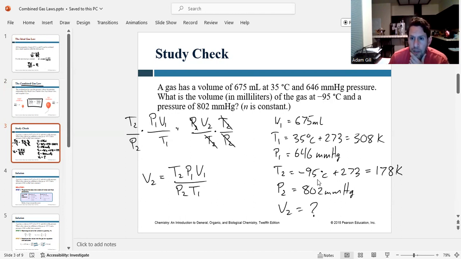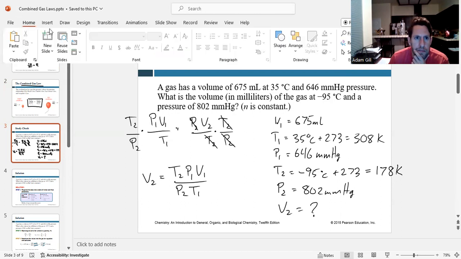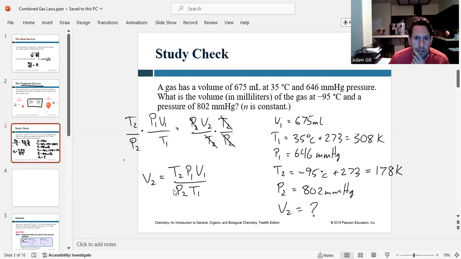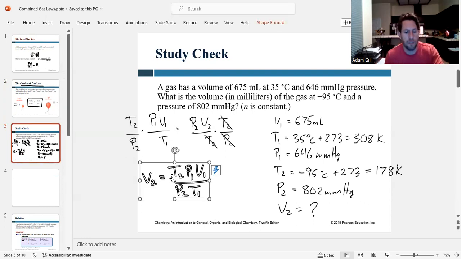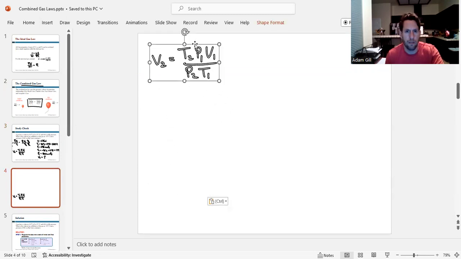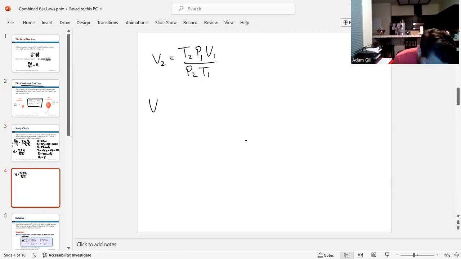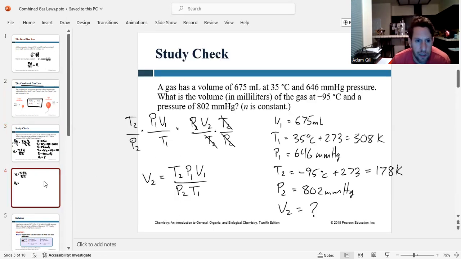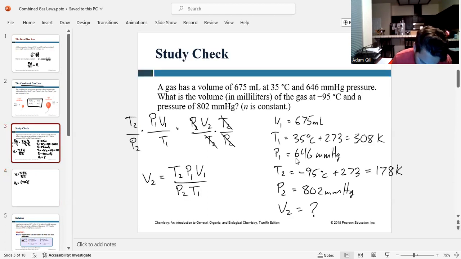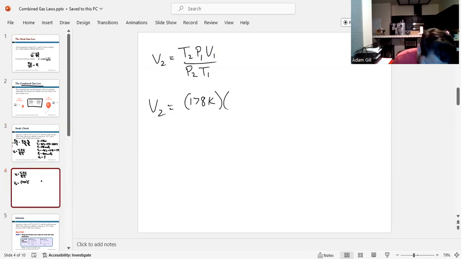So let's go ahead and plug these numbers into our expression here. Temperature 2 was 178 Kelvin. Pressure 1 was 646 millimeters of mercury.